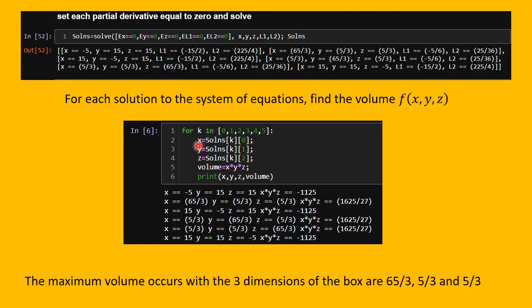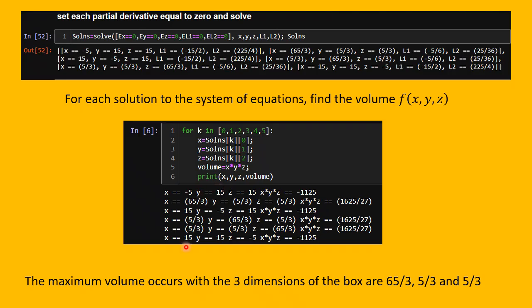And so for this first one, this 0th solution, the x value is in the 0 place of that 0th solution. Similarly, the value of y up here is in the first place in the 0th solution, and then z similarly, and then we calculate the area and print it out.